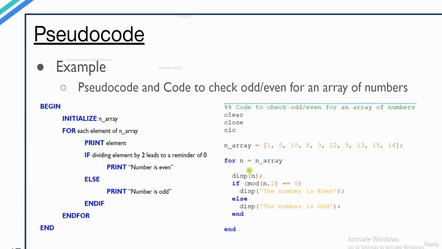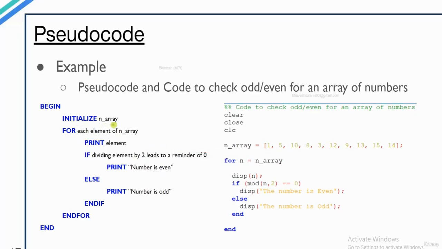So what we've done here is essentially convert these verbal instructions into a form that Matlab can understand. The clear, close, CLC statements form a default part of any code, so we don't have to necessarily mention them inside a pseudocode because they're not part of the logic. So the actual logic starts here.